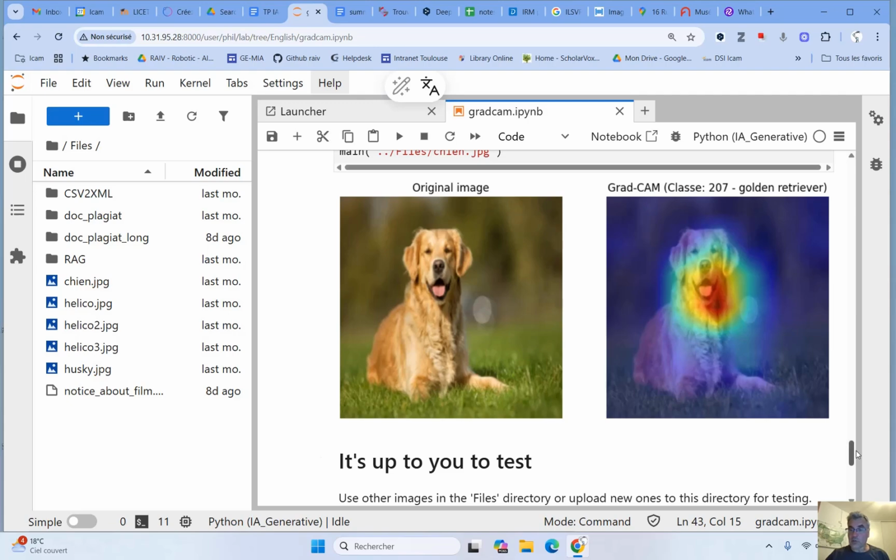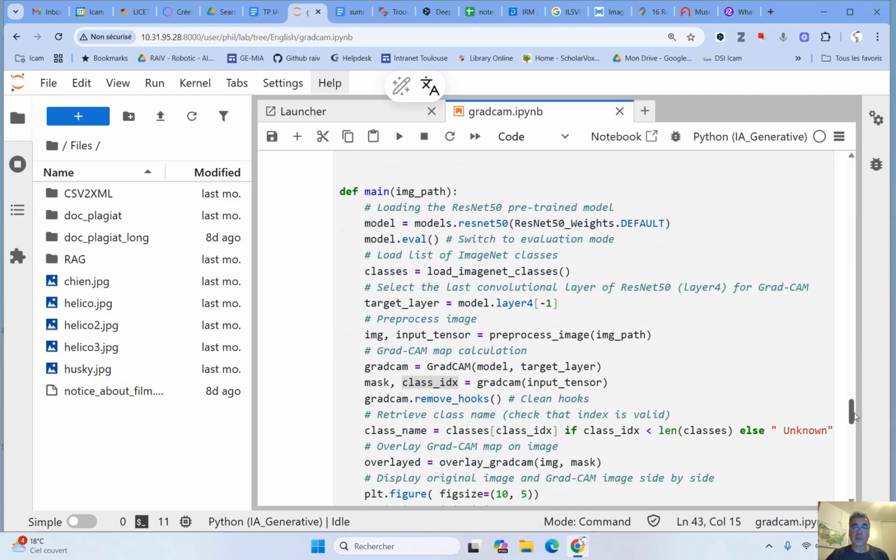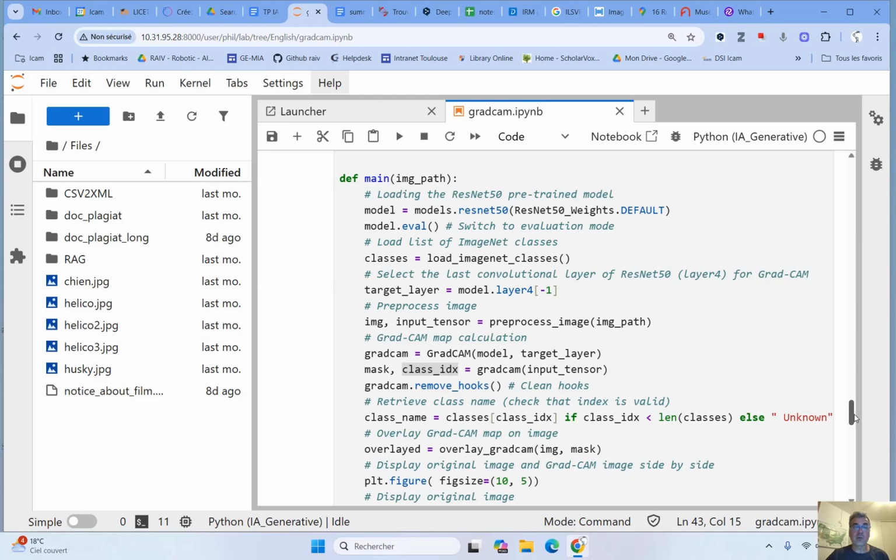So now, how does it work? We have a lot of code, but let's see just a few parts of the code of this program. First, we load a model, a ResNet 50, which is a big deep learning model, and we load all its corresponding weights.